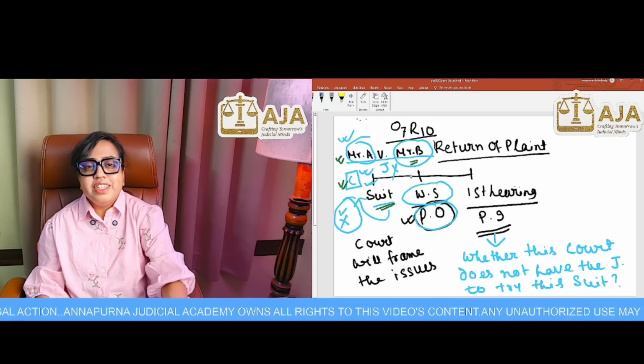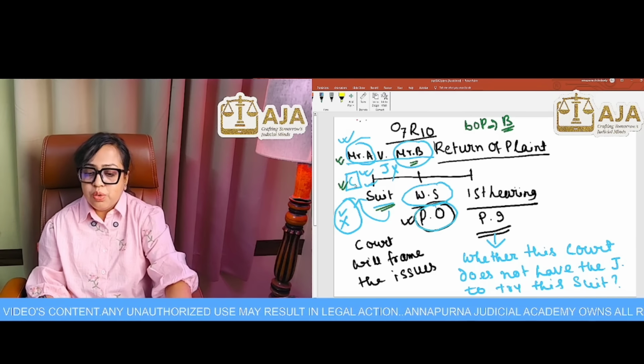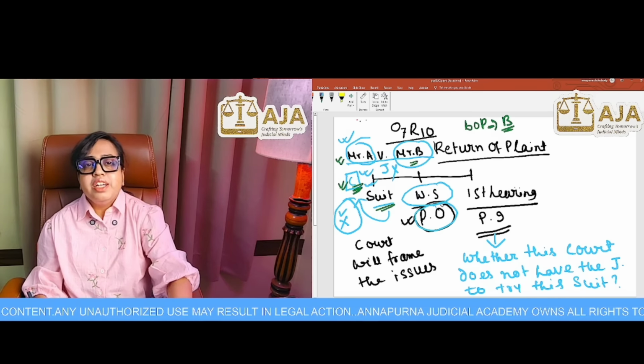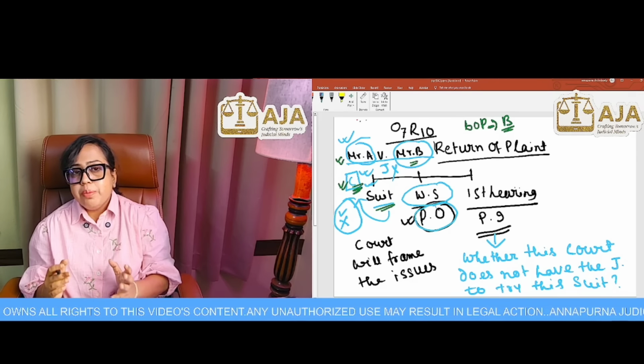So here burden of proof will lie upon B. B will prove how this court does not have the jurisdiction to try this suit.